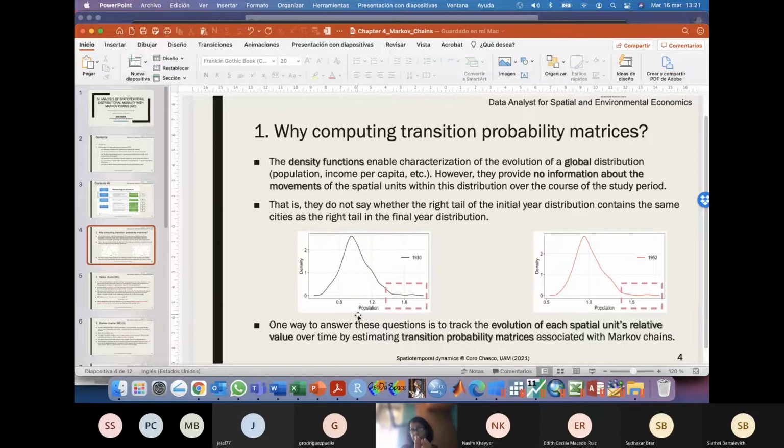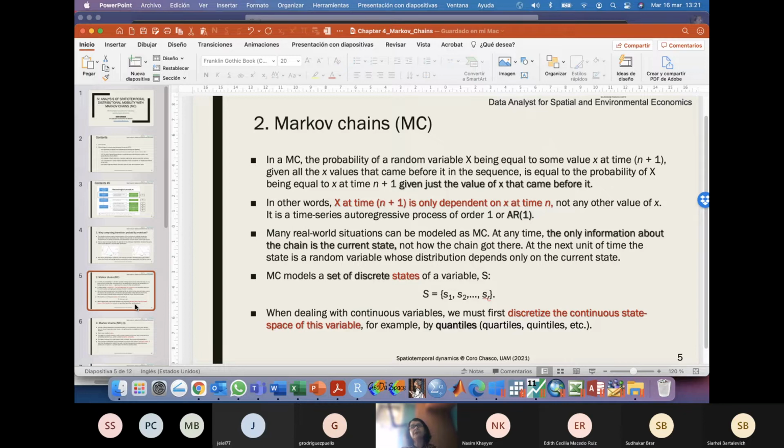But yes, we must know if the observations that are in one of these quantiles in 1 year are the same as the ones that are in this same quantile a year later or some years later. This is the point. This is why we introduce this new technique, because if not, someone could ask you, why introducing so many things?